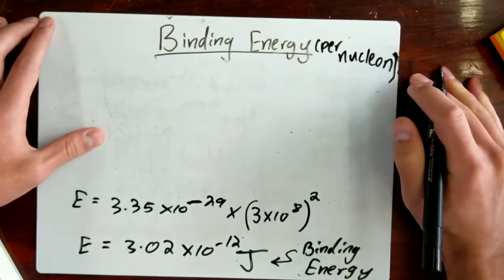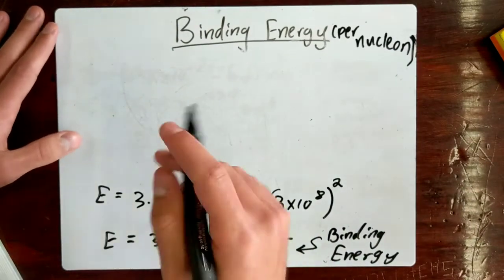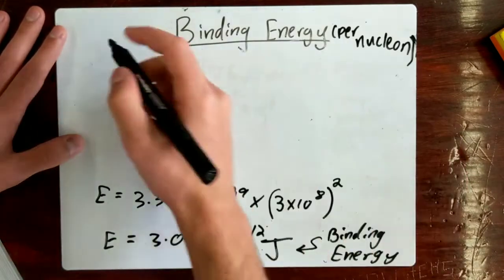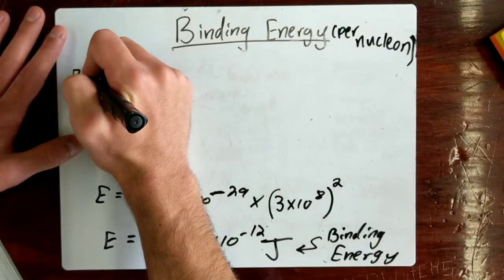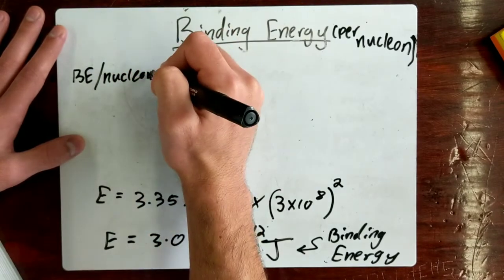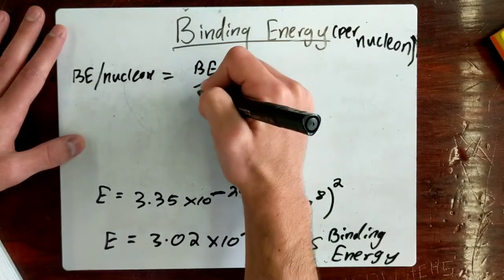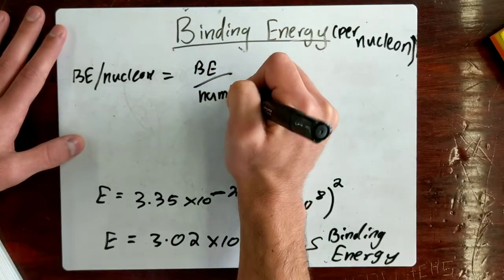If this is the total binding energy, then it is also useful to calculate the binding energy per nucleon, where the binding energy per nucleon is equal to the binding energy divided by the number of nucleons.